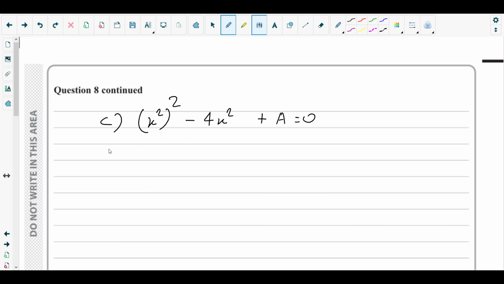Now consider the discriminant, b squared minus 4ac. It should be greater than 0.